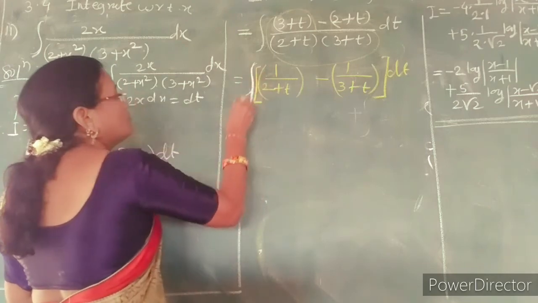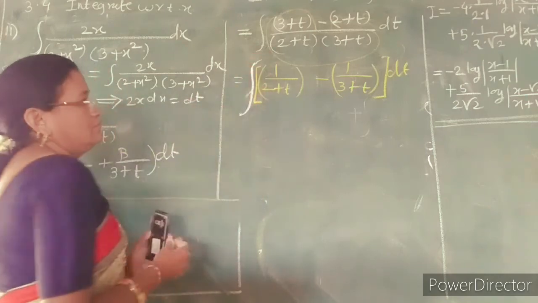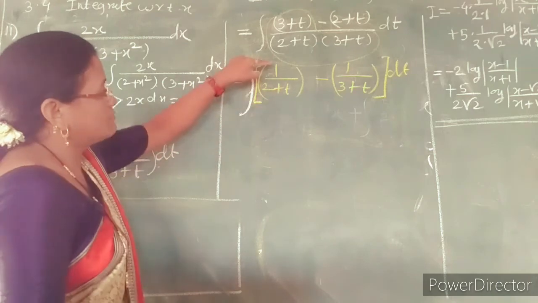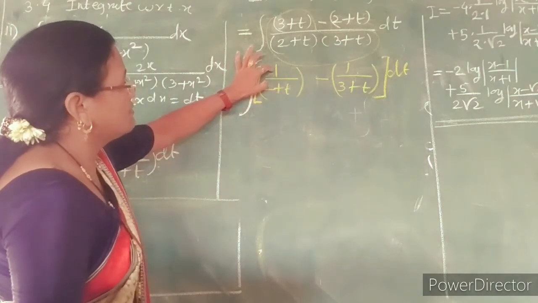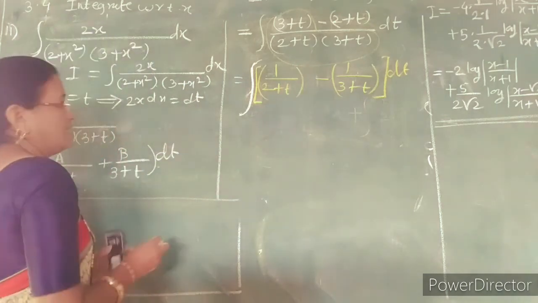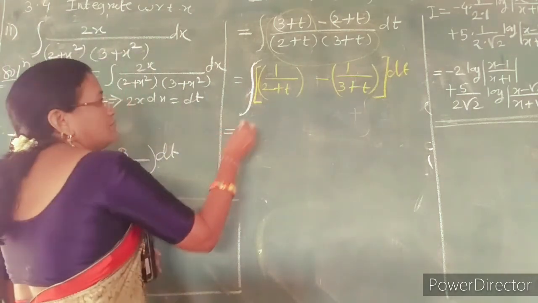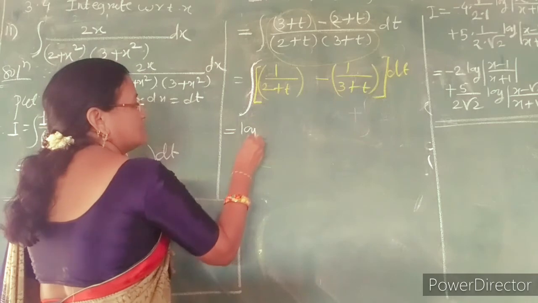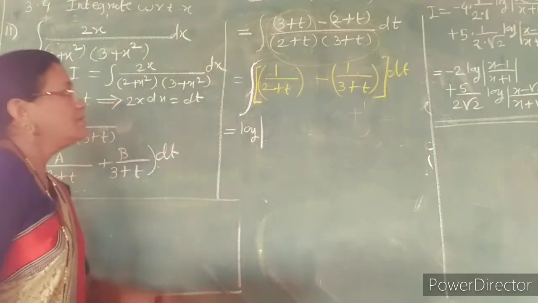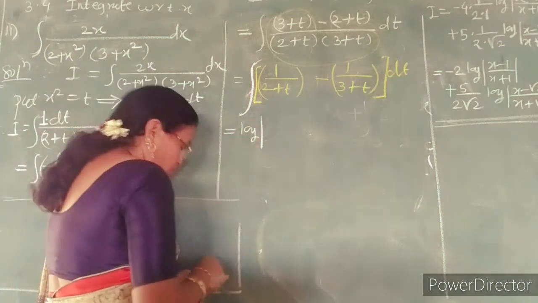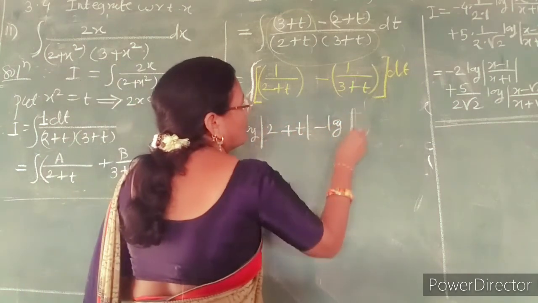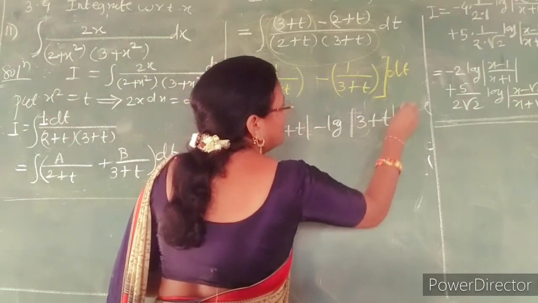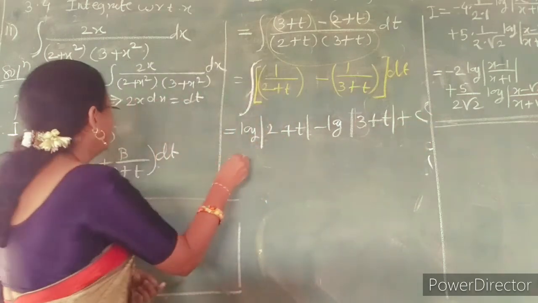Integration of the linear factors is 1 upon (2 plus t) minus 1 upon (3 plus t). In this case we take a equal to 1 and b equal to minus 1. Then we get the direct answer: log of mod of (2 plus t) minus log of mod of (3 plus t) plus constant of integration.